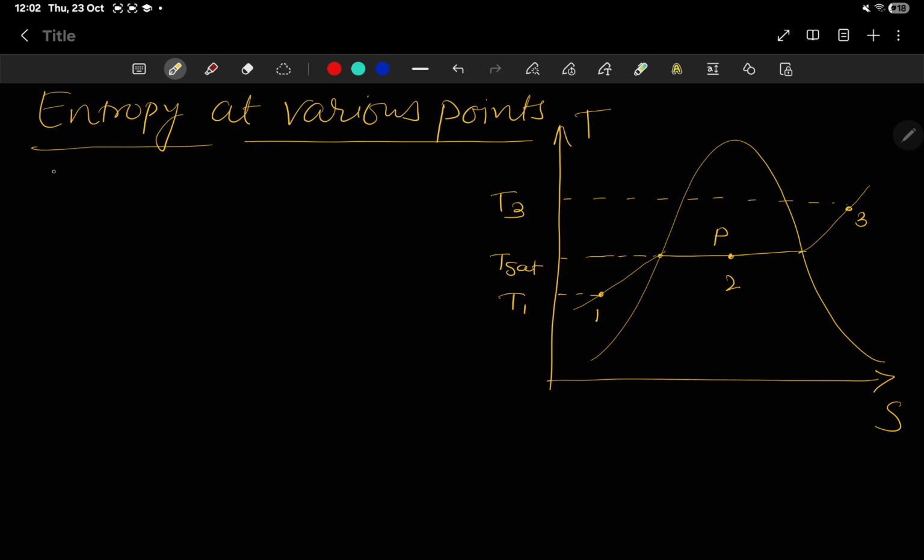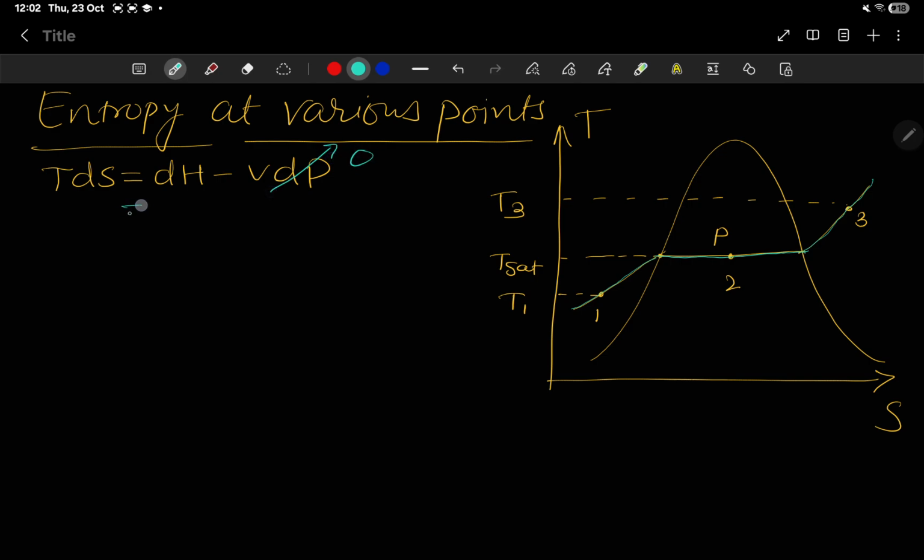Now let's apply the TdS relation. TdS equals dH minus VdP. Okay, now you can see on this line, pressure is constant, so this value will become 0.